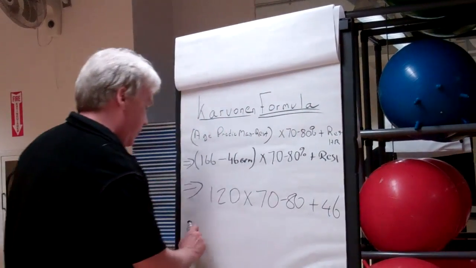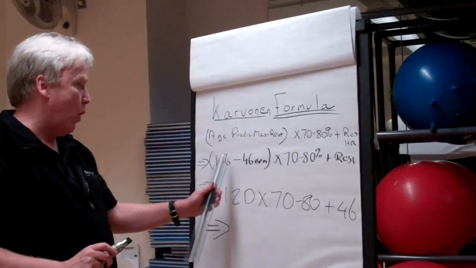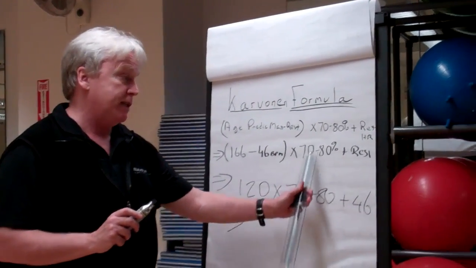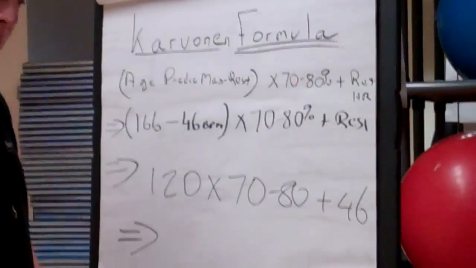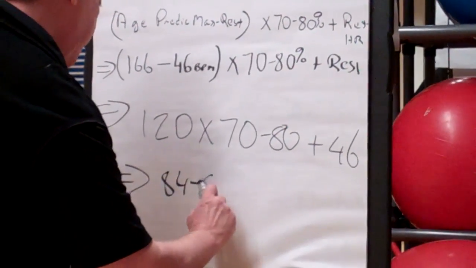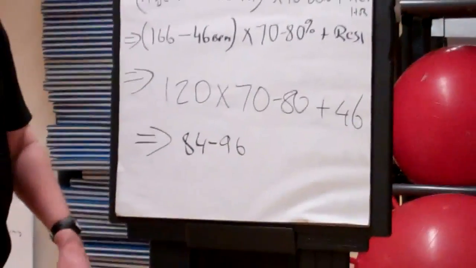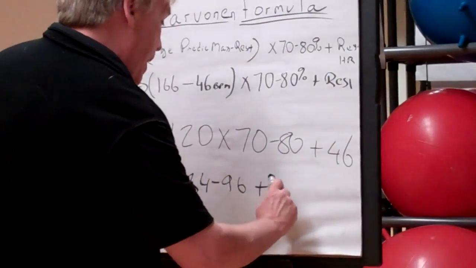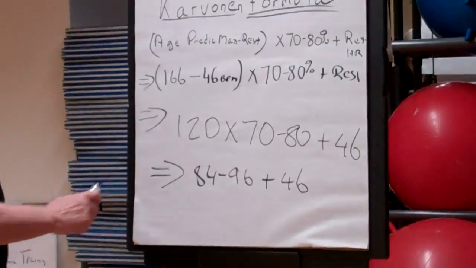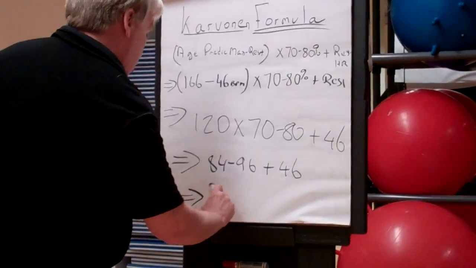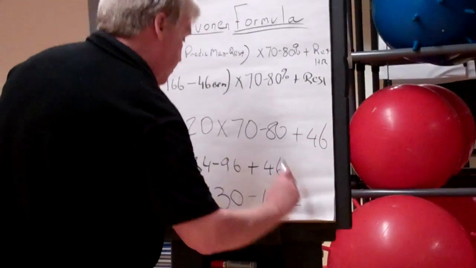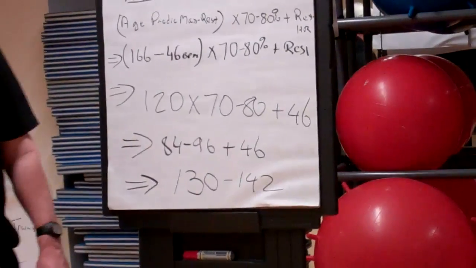So 120 times 70 to 80% is going to give me a range of 84 to 96. Obviously that's going to be too low. But when we add back in my resting heart rate as per the formula, that's going to give me a range of 130 beats per minute to 142. That's a much more realistic range.